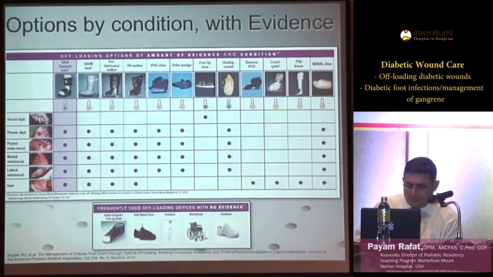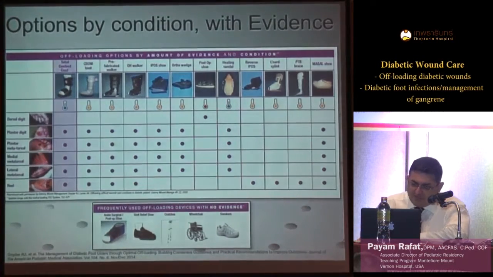But if we really look at this particular diagram, the surgical shoe really is very inefficient in offloading plantar pressures. It's really best for offloading dorsal pressures for digital hammer-toe deformities, for example.